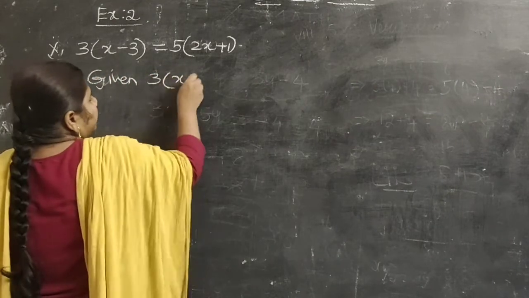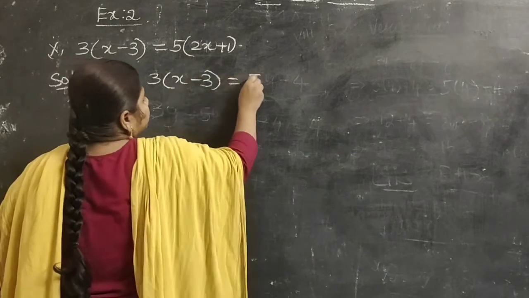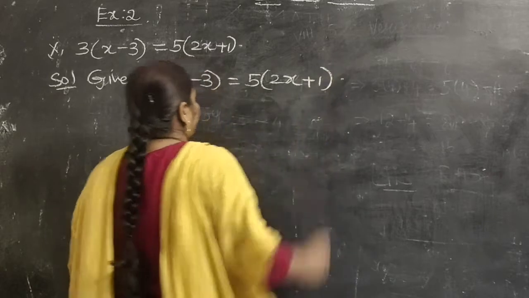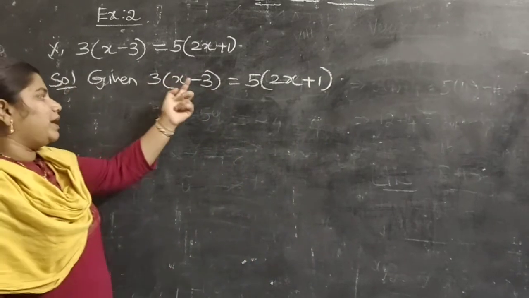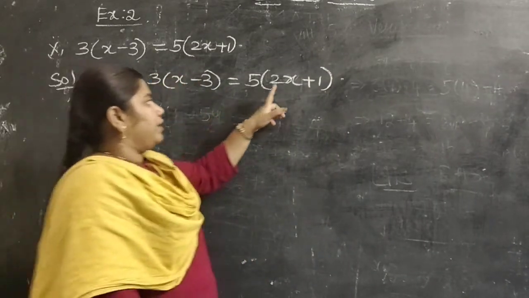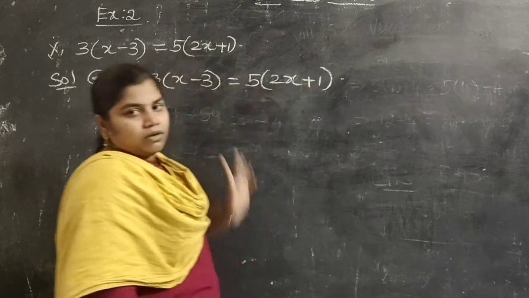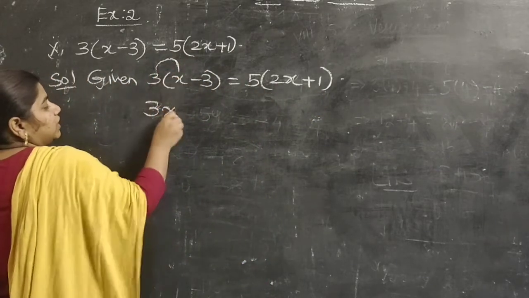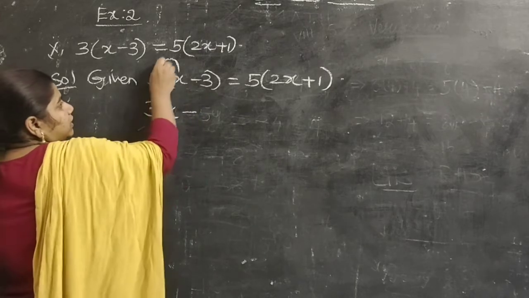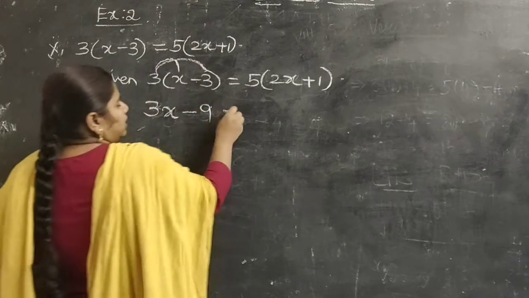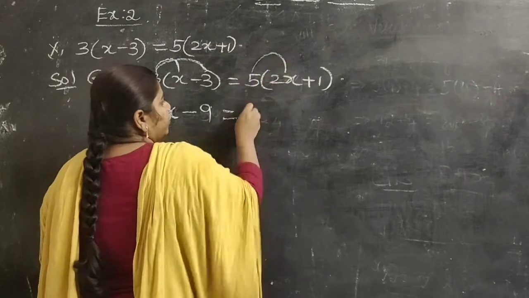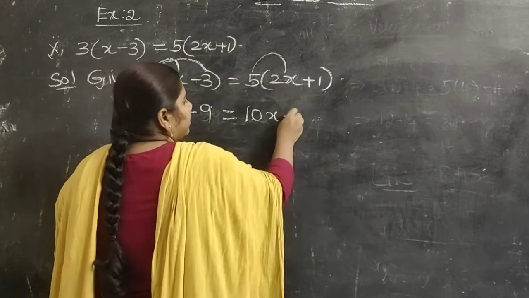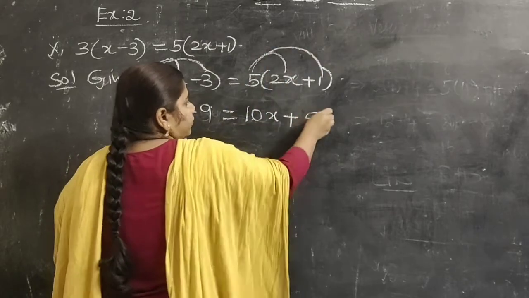Given 3 into x minus 3 is equals to 5 into 2x plus 1. So first multiply x minus 3 with 3 and multiply 2x plus 1 with 5. So 3 into x is 3x minus 3 3s are 9 is equals to 5 into 2x is 10x. 5 2s are 10, x I wrote as it is, plus 5 1s are 5.